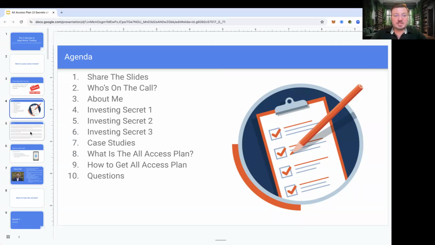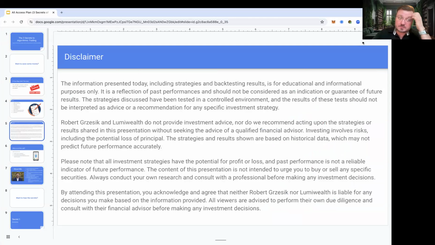Cool. Before we get started, quick disclaimer, right? Please make sure you read the disclaimer. Essentially, it's the typical thing with investments. The information presented today, including strategies and backtesting results, is for educational and informational purposes only. It is a reflection of past performance. It should not be considered as an indication or guarantee of future results. The strategies discussed have been tested in a controlled environment, and the results of these tests should not be interpreted as advice or recommendation of any specific investment strategy.